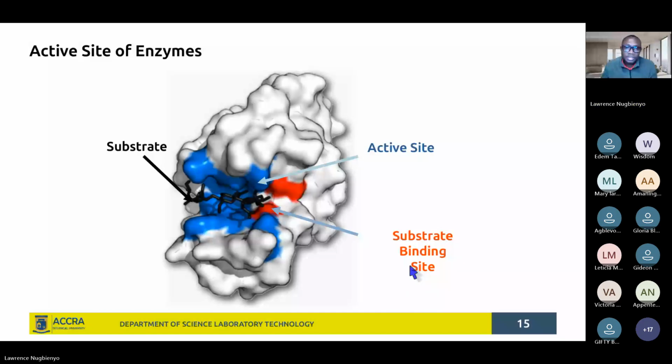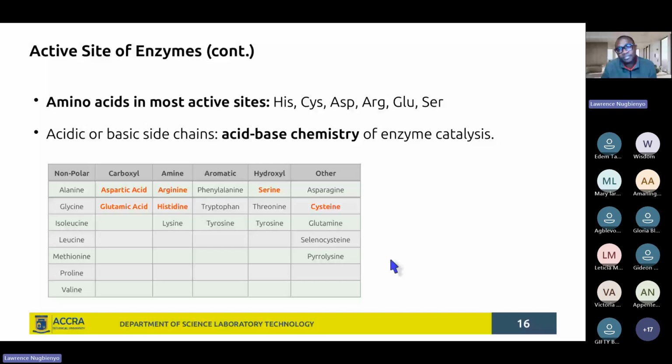Now, in the active site, generally, there are some common amino acids that you see. These are histidine, cysteine, aspartate, also known as aspartic acid, arginine, glutamate, also known as glutamic acid, and serine.